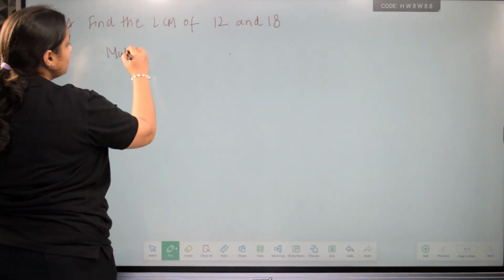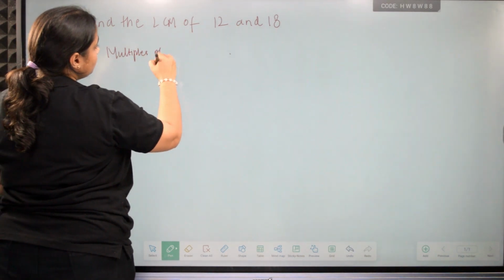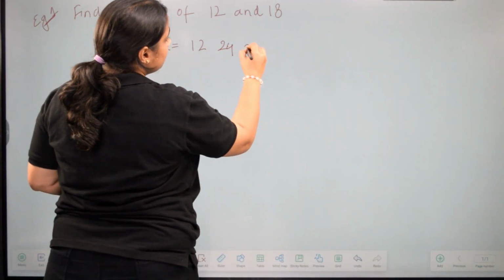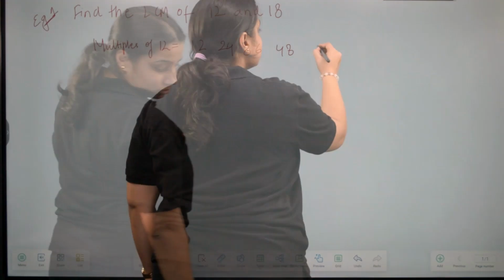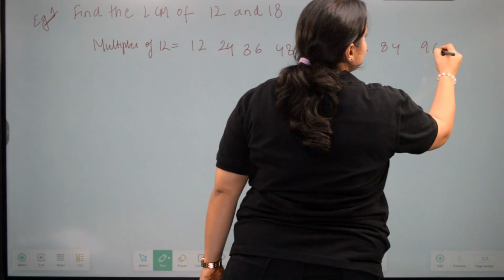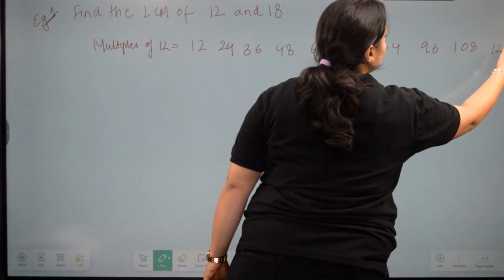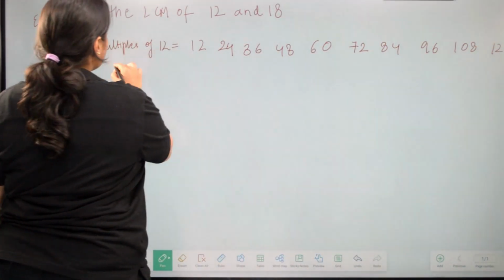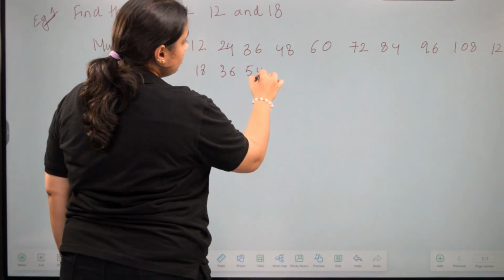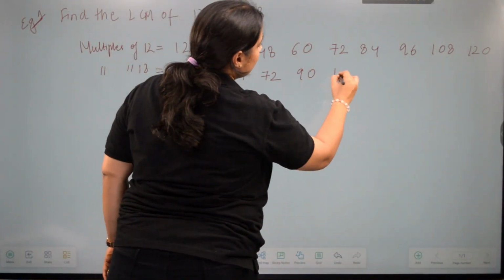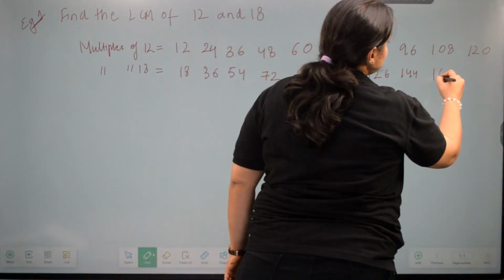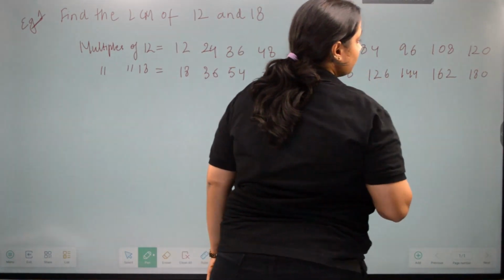Multiples of 12 are 12, 24, 36, 48, 60, 72, 84, 96, 108 and 120. Now writing the multiples of 18: 18, 36, 54, 72, 90, 108, 126, 144, 162 and 180.